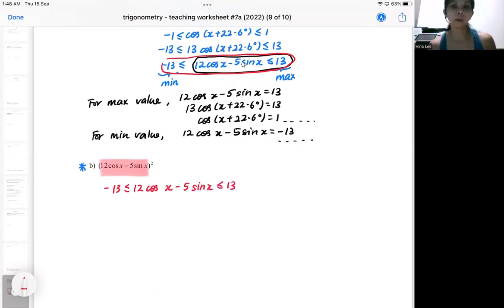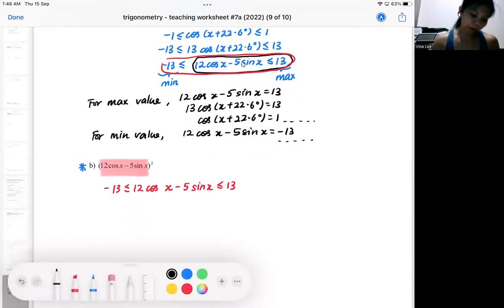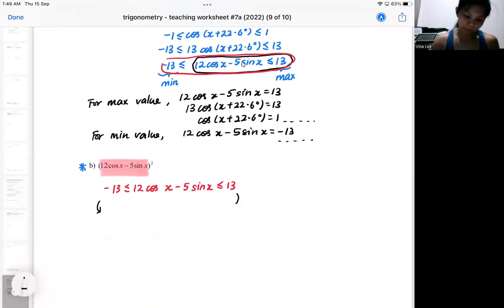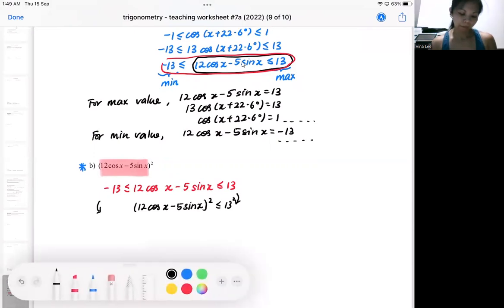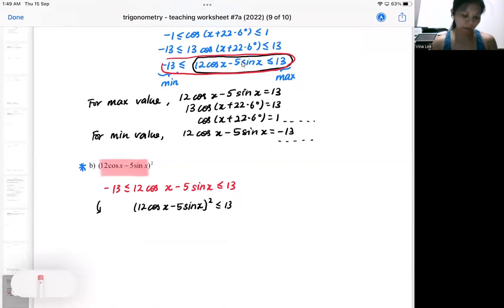So what happens when I square it? If I decide to square it, I should get a 13 square. But on the other side, I'm not going to get a negative 13 square.